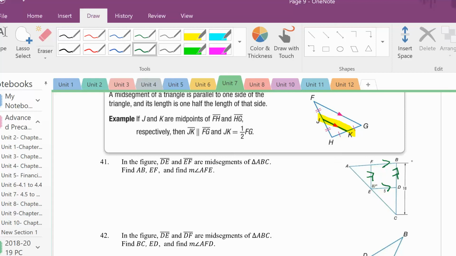So for example, since BC is 18, then EF is going to be 9. And since DE is 5, that means AB is going to be 10. And since they're parallel, these two angles would be congruent since they're alternate interior. So the measure of angle AFE equals 87 degrees.